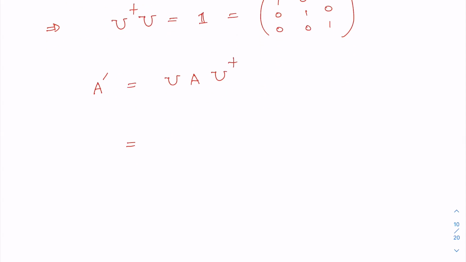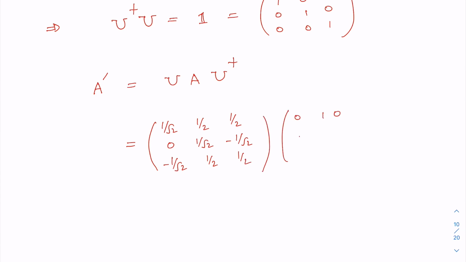U is equal to 1 by root 2, half, 0, 1 by root 2, minus 1 by root 2, minus 1 by root 2, half, and A is 0 1 0, 1 0 1, 0 1 0, and U dagger would be equal to 1 by root 2, 0, minus 1 by root 2, and you will have half, 1 by root 2, half, and half, minus 1 by root 2, half.